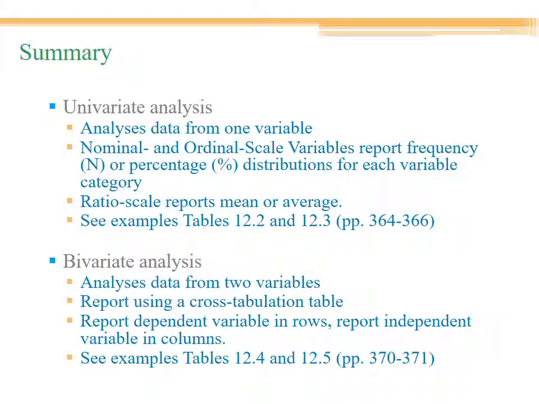Bivariate analysis analyzes data from two variables. This is often reported using a cross-tabulation table for nominal and ordinal scale variables. You report the dependent variable in the rows and the independent variables in columns. You can see examples of these in tables 12.4 and 12.5 in your textbook.